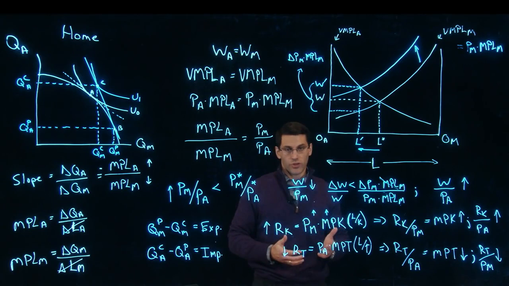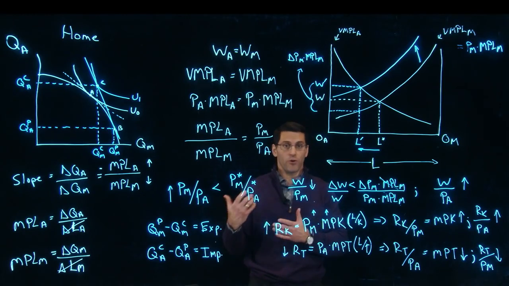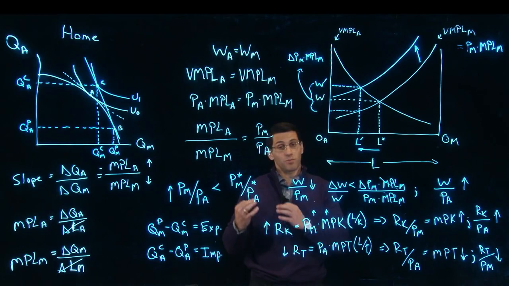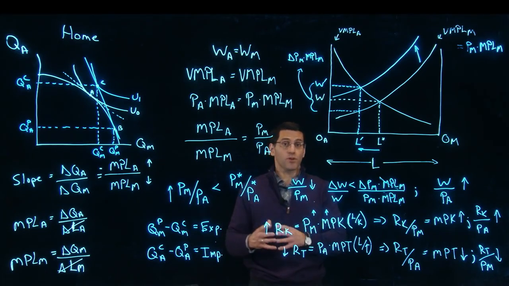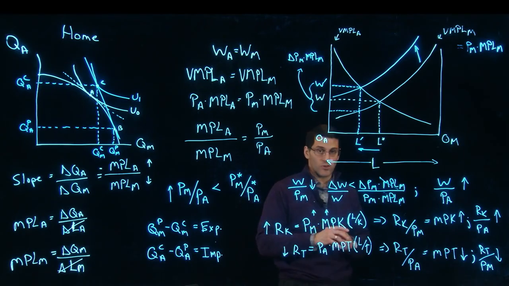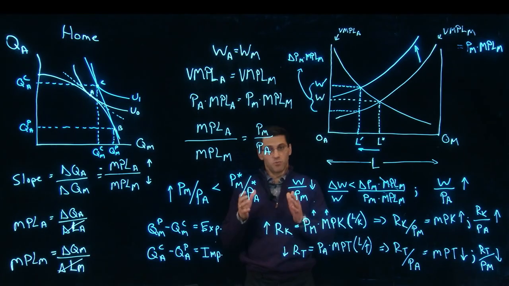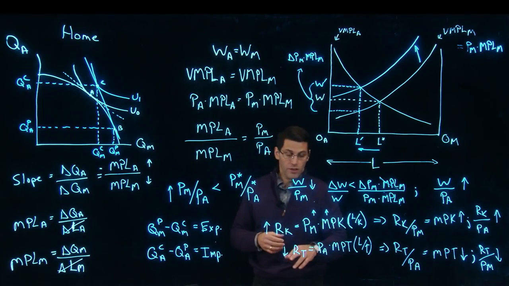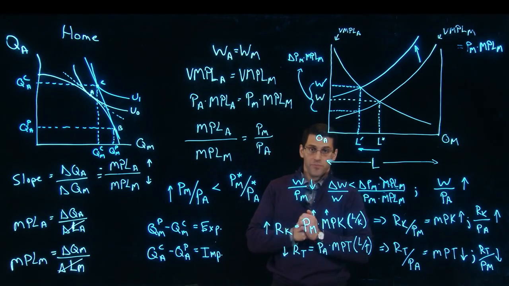So who gains, who loses? When we opened up to trade, the price of manufactured goods went up. The home country has a comparative advantage in manufacturing. The factor that is specific to manufacturing, the expanding sector, gains. The factor that is specific to the shrinking sector, the one where we're going to be importing, loses.